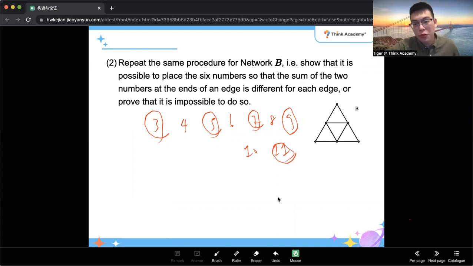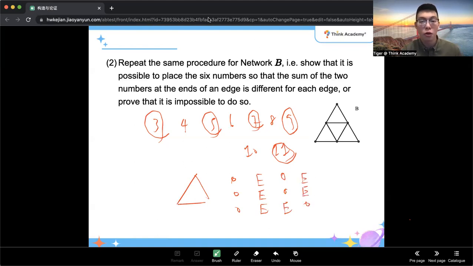So for the 3 numbers at the 3 corners of each equilateral triangle, it can be all odds, all evens, odd, odd, even, or even, even, odd, right? There are 4 possibilities. If the 3 corners are all odds, it means that the outcome is 3 even numbers for the 3 lines.